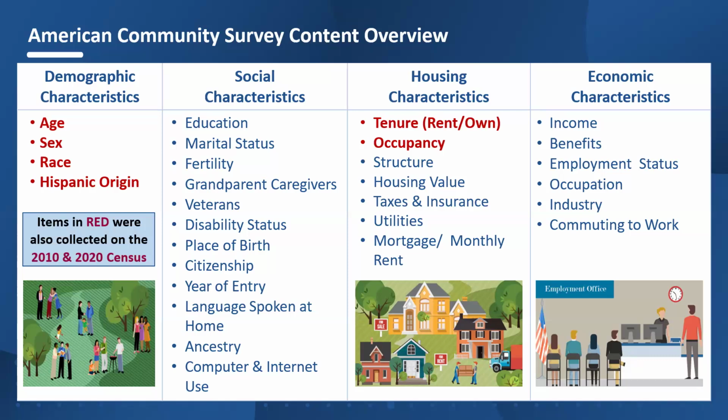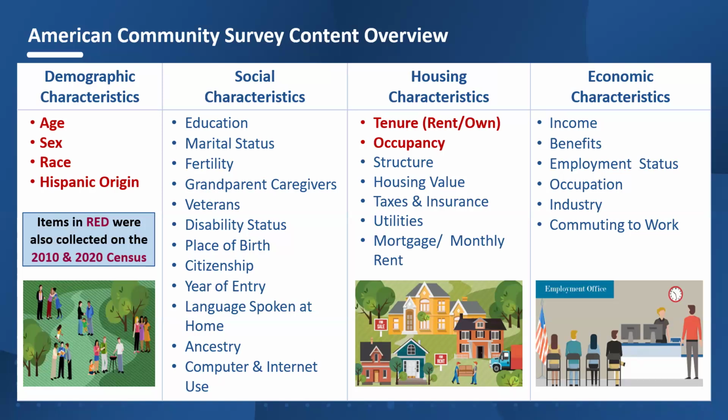You will also see the social characteristics category has the greatest number of topics, including educational attainment, language spoken at home, and ancestry. Moving over to housing, you can see characteristic topics allow you to better understand the housing stock, as well as the affordability of a community, like how much people spend on rent or mortgage as a percentage of their income.